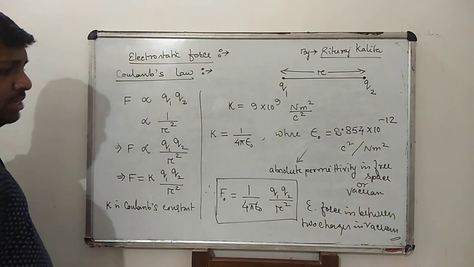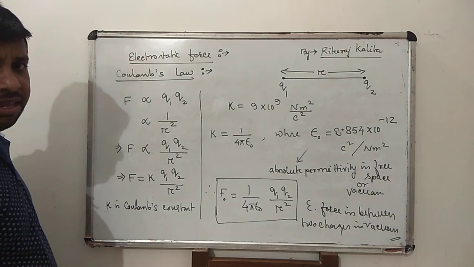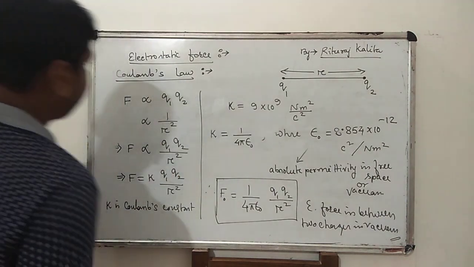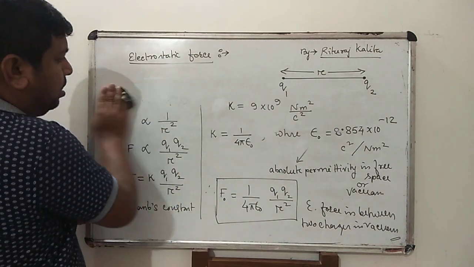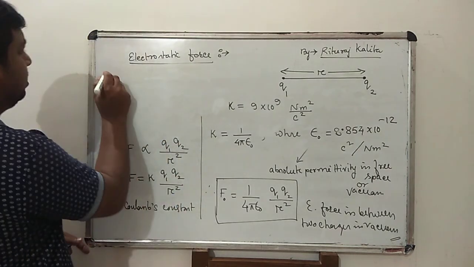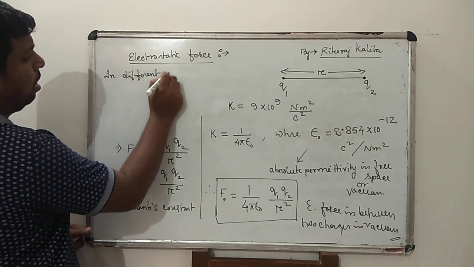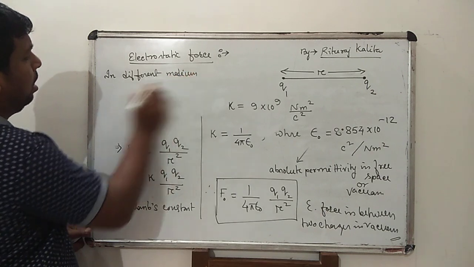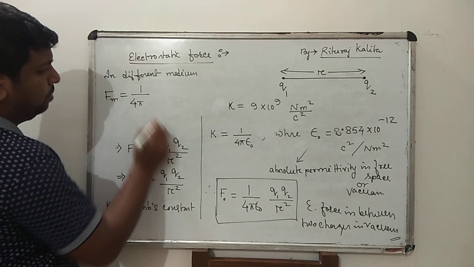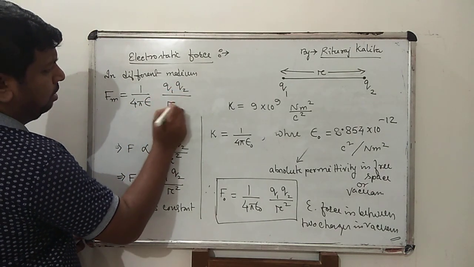Next we discuss how this electrostatic force is expressed in a defined medium. In a defined medium, it can be written as Fm equal to 1 by 4 pi epsilon Q1 Q2 divided by r square.